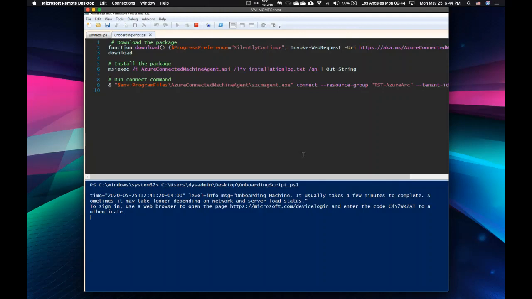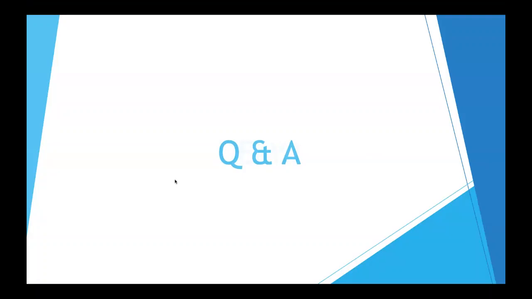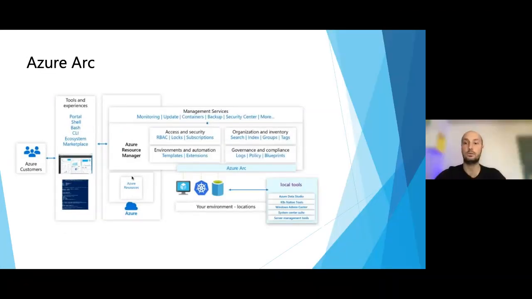So instead of waiting, I would like to go back to this picture here and discuss what features we can use from Azure Arc itself. We mentioned that we have some features that can be used without Azure Arc, like Azure Update Management and so on. But Azure Arc brings us specifically usage of Azure policies, Azure tags and RBAC configuration.